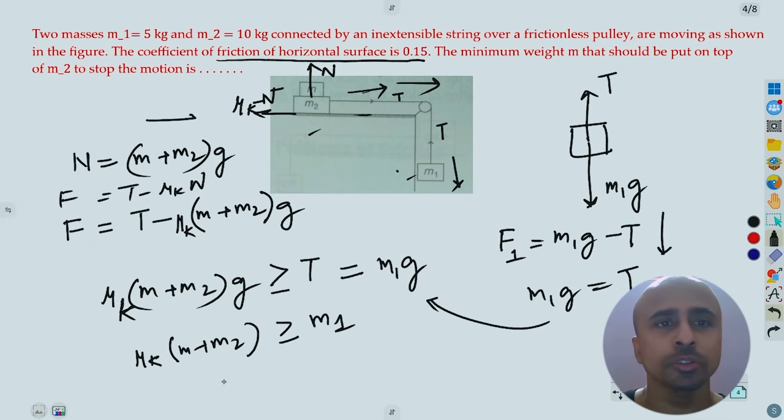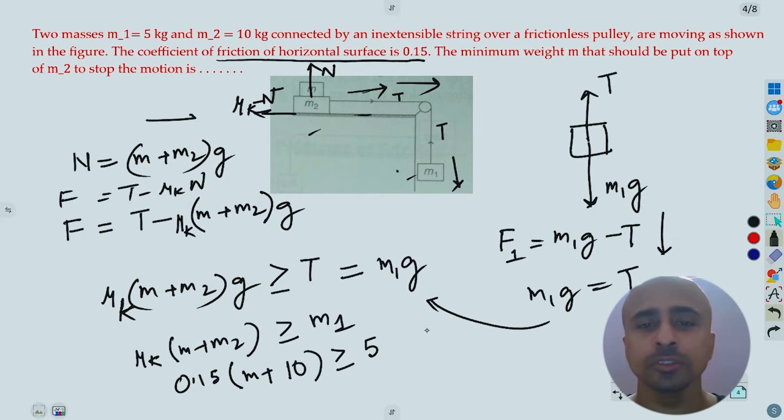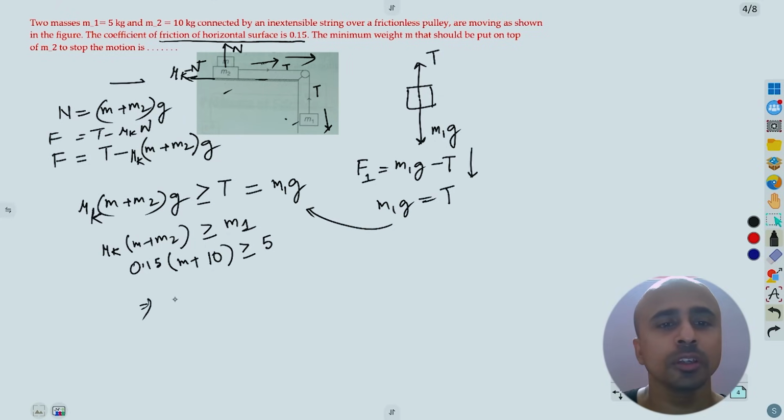Now substituting the values, mu k is 0.15, m2 is 10, and m1 is 5. So 0.15 (m plus 10) is greater than or equal to 5. It is just simplification now. This gives m plus 10 greater than or equal to 5 by 0.15, which is basically 5 times 100 by 15, equal to 100 by 3.